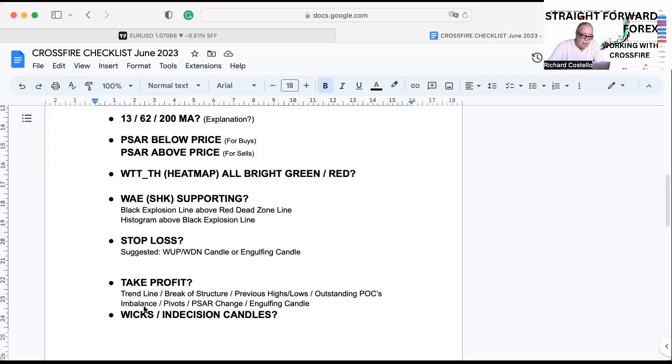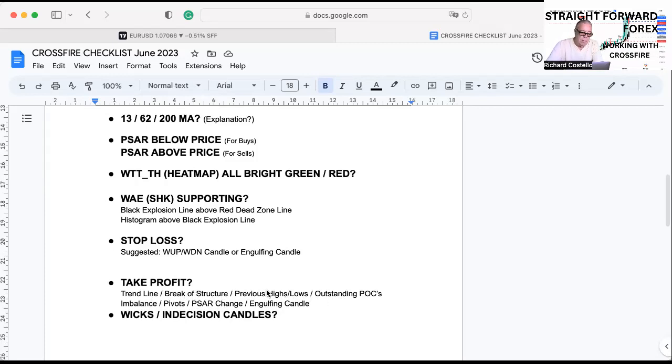You can look at an area of imbalance, or there's an indicator called pivots, which I'll show you in a minute. And also there's the change of PSAR as a potential take profit, and an engulfing candle in the opposite direction to your trade is also a potential stop loss.